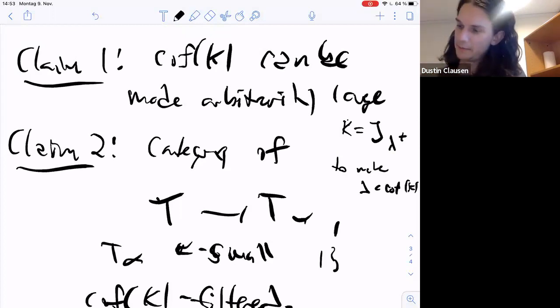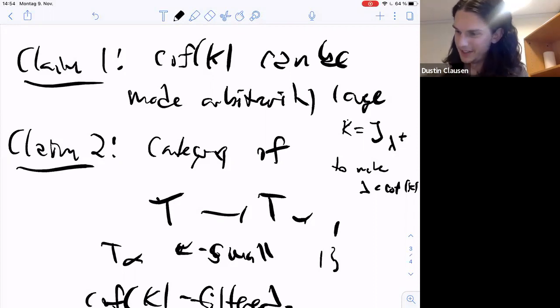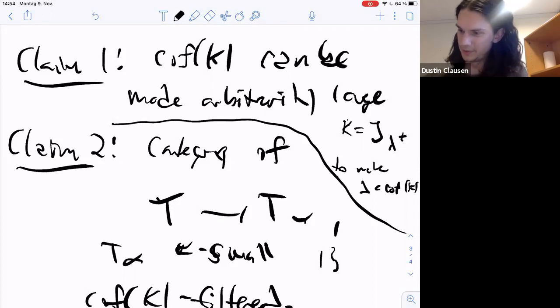There's this plus operation from cardinals to ordinals: if you take the collection of all ordinals of cardinality less than lambda, that makes a new ordinal called lambda plus, the successor ordinal. You have to do a little bit of set theory to check that this works, but this is the prescription that will make this true.